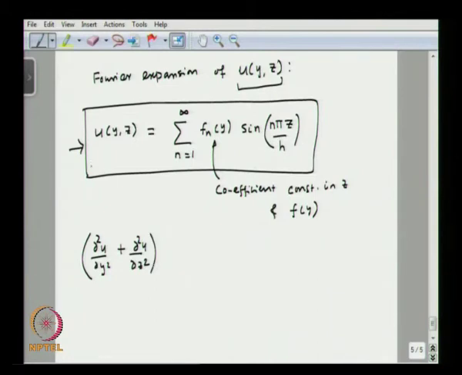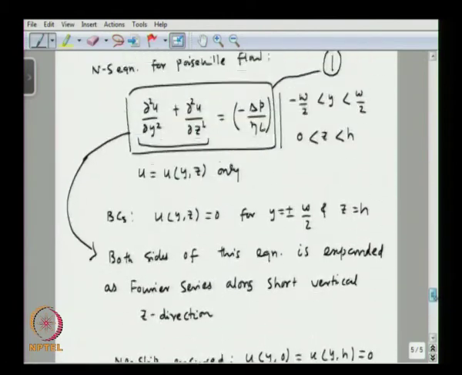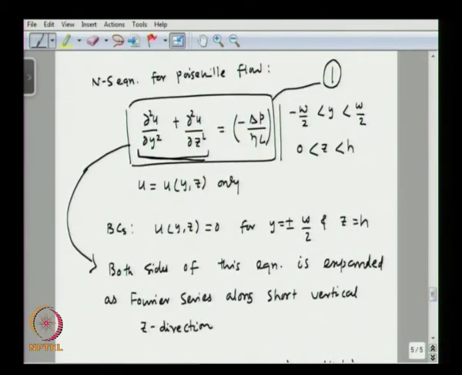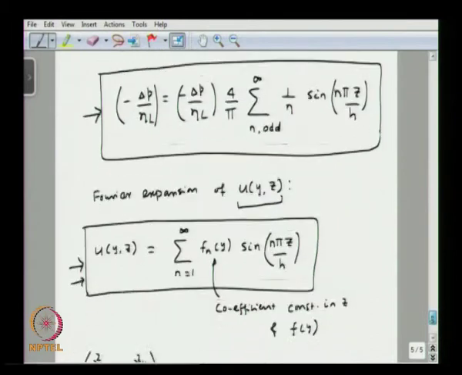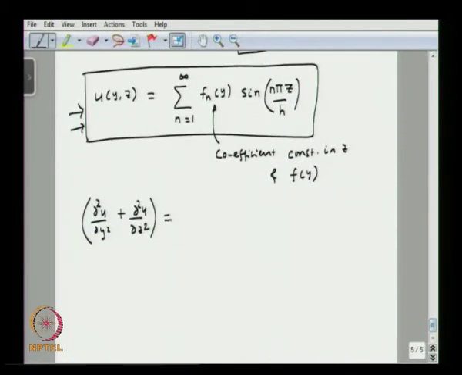So, if you substitute this equation here on the left hand side, this is how it will expand. This will be equal to summation n equal to 1 to infinity of f_n double dash (y) minus n square pi square over h square into f_n(y).